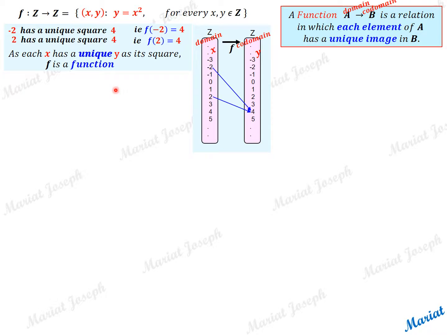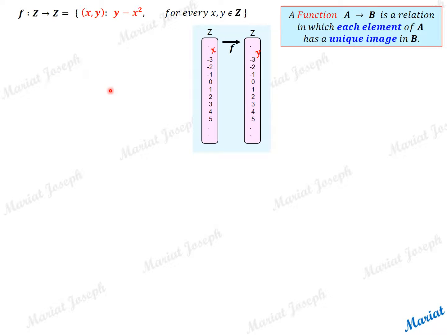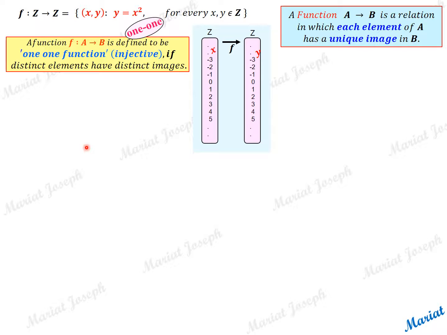Now, is this function a one-one function? What is a one-one function? A function f from A to B is defined to be one-one function or injective function if distinct elements have distinct images.